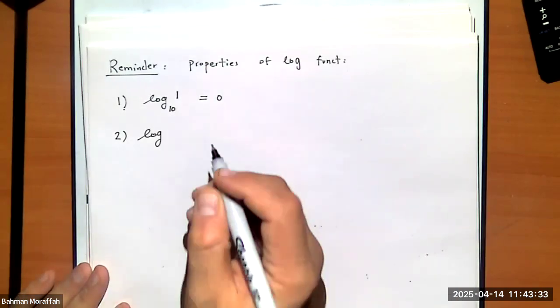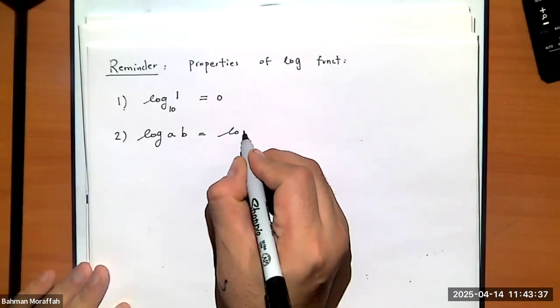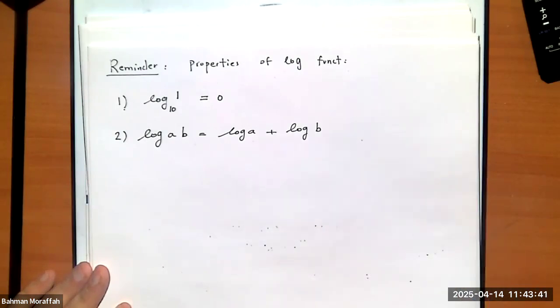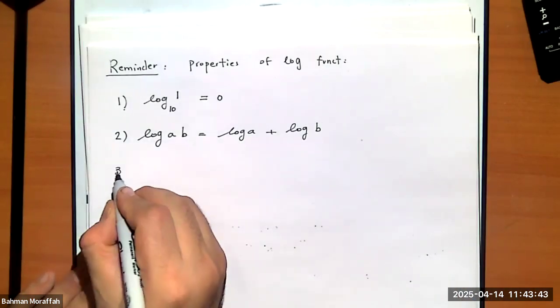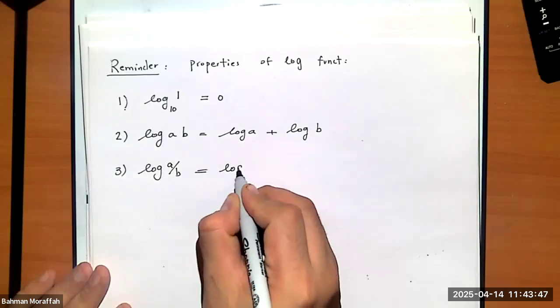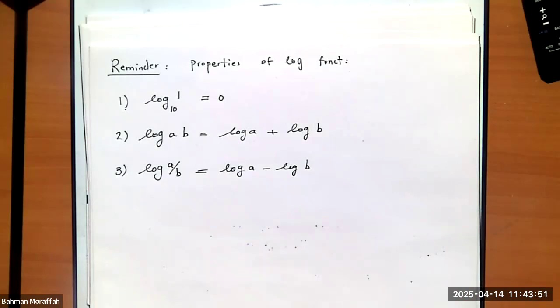Two. What is log of a times b? What we know is log of a plus log of b.